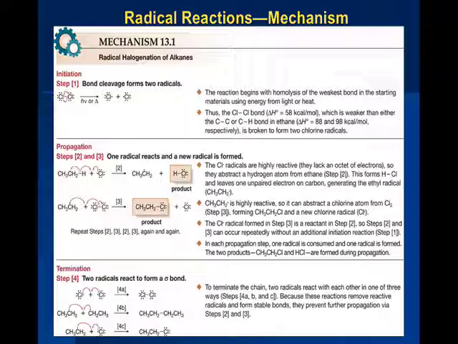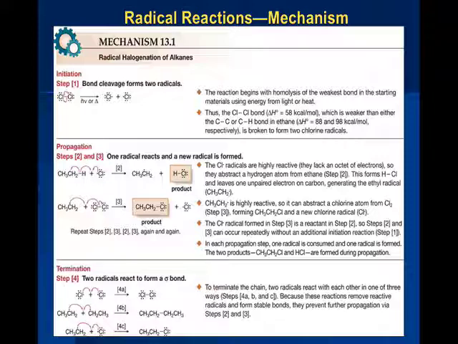How would you identify an initiation step? Yep, it is the first one, but how would you identify it? Okay, we got the heat or the light, and what else? Notice on the left there are no radicals, right? Where are the radicals at? On the right. So when we go from no radicals to radicals, that's an initiation step.